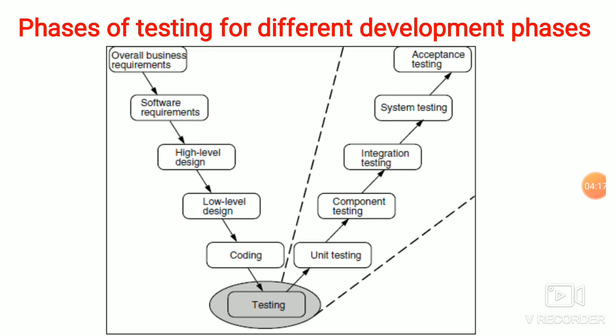Each of these smaller program units has to be tested independently before combining them as components. This testing of the program units is called unit testing. These are the different phases of testing. Based on these phases of testing, we are going to study the next model.